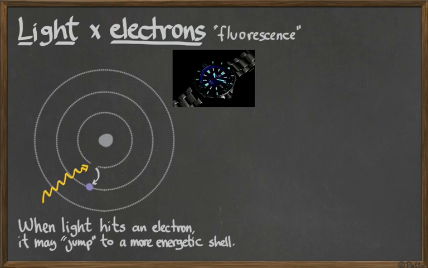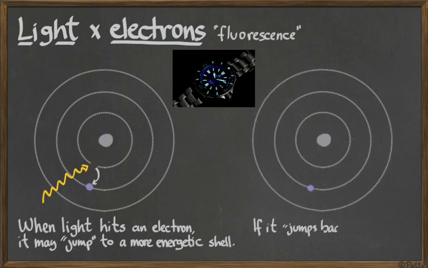When that happens, you have a more excited electron. In the moment you stop adding light, the other way around happens. The electron jumps back, because it is not excited anymore, to the original orbital. But in that process, it emits a photon, and then you see the dial in the dark.